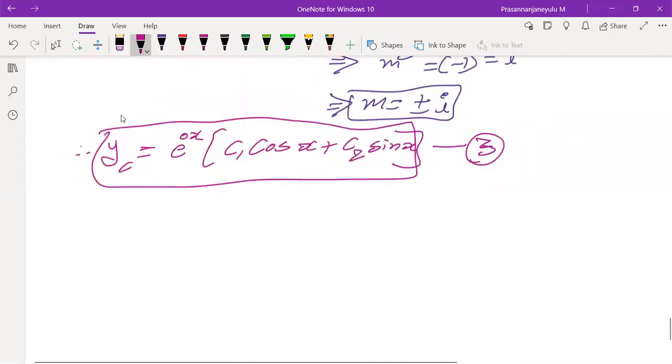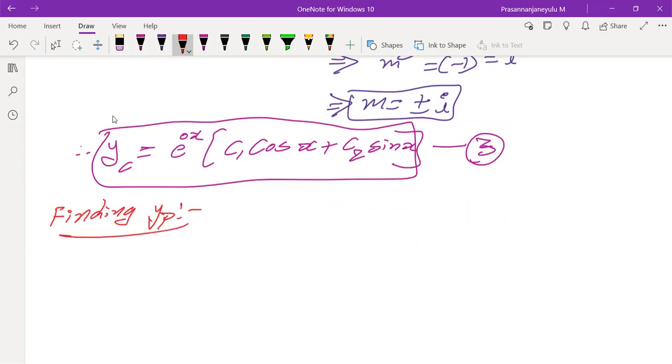Okay. Now we are going to find yp. While finding yp, what do we have to take? As usual, yp is equal to 1 by f of d of q of x. But what is q of x here?